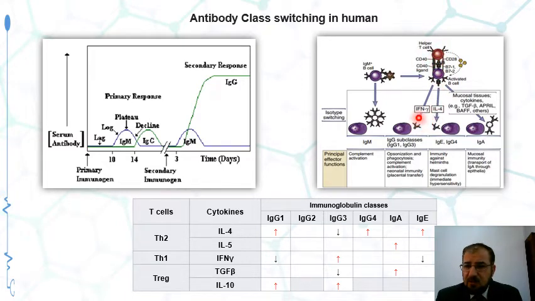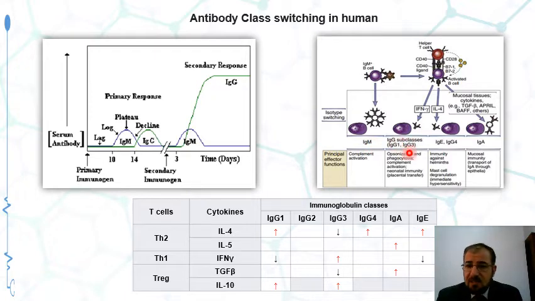This help is in the form of different cytokines, allowing the B lymphocyte to produce different isotypes. For example, interferon gamma produced by the Th1 will make the B lymphocyte switch from IgM to IgG1 and IgG3. It means that interferon gamma will trigger the formation of IgG subclasses instead of IgM.